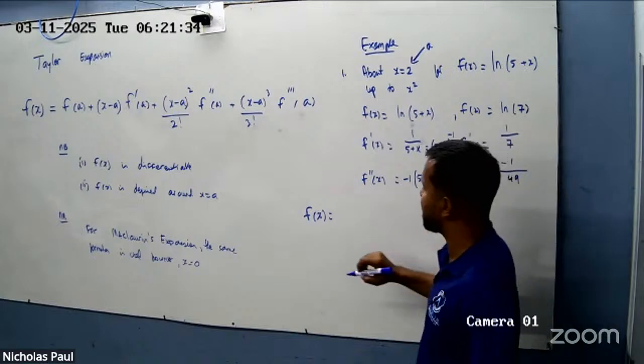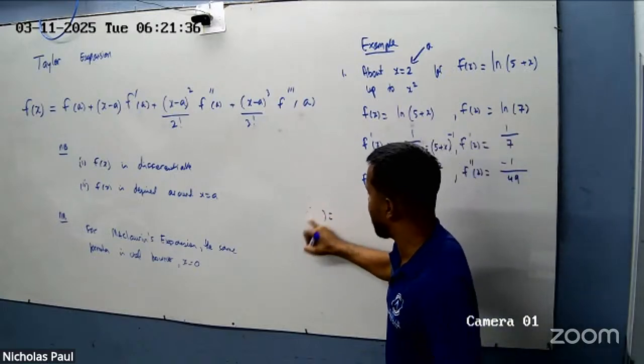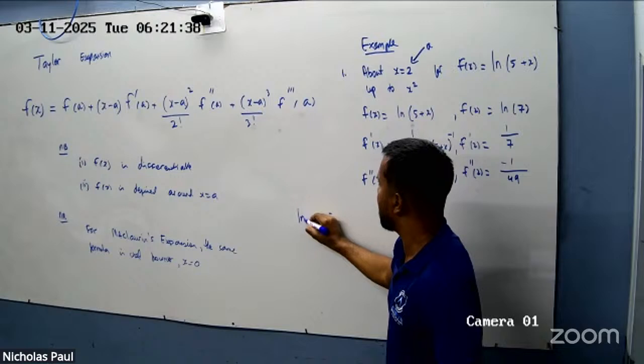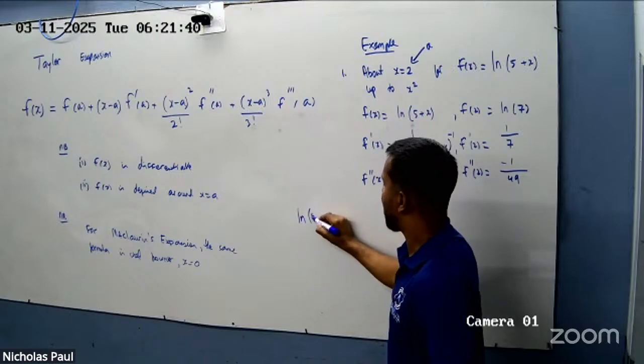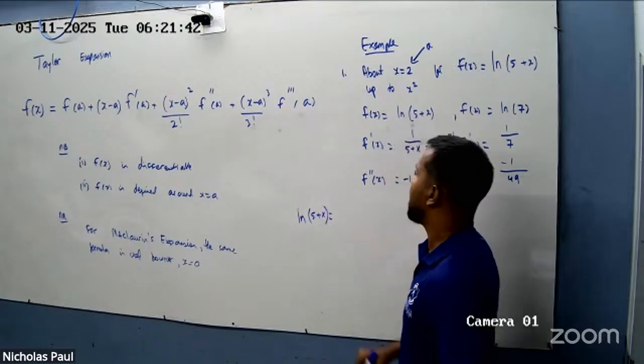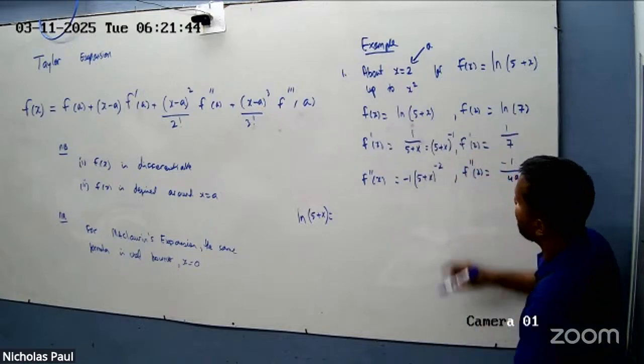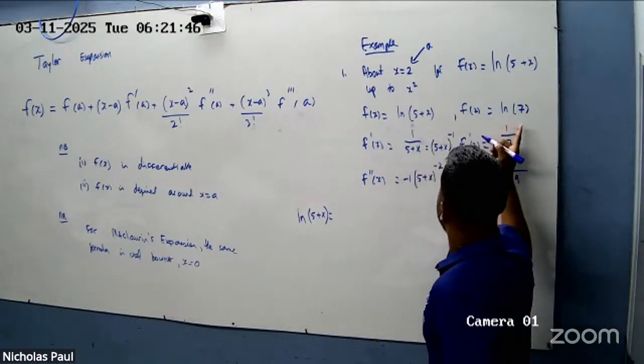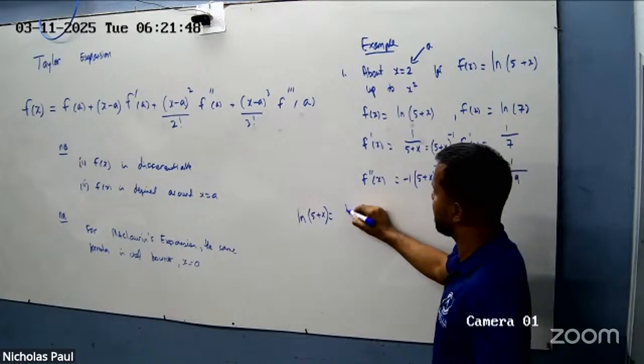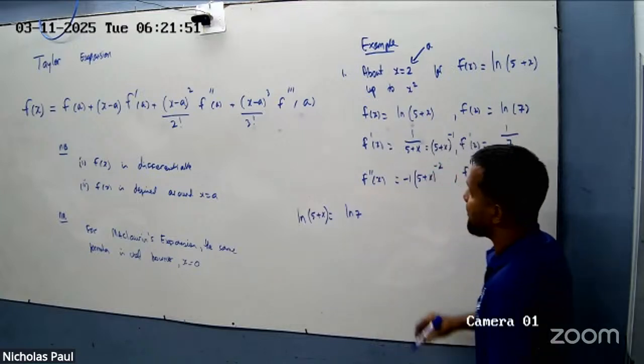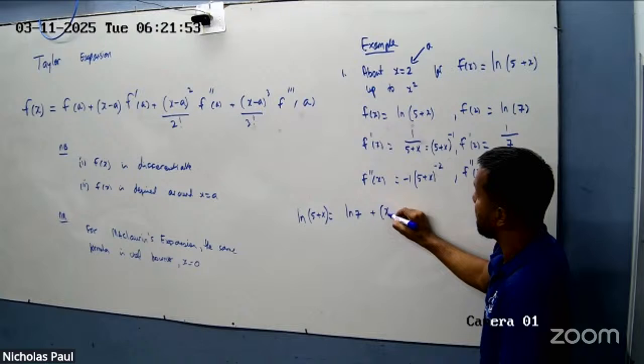could be written as, actually, let me write that. ln(5 plus x) can be written as f of A. What's f of A again? ln 7, plus x minus 2.